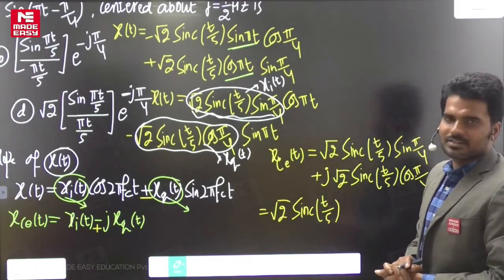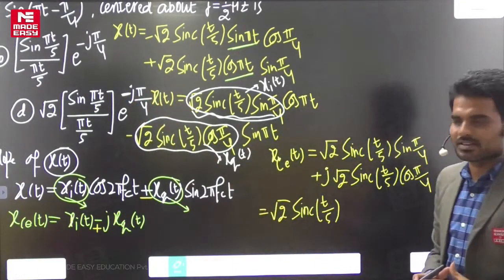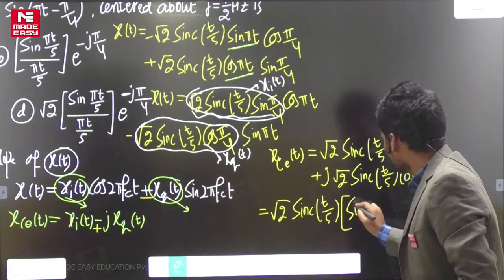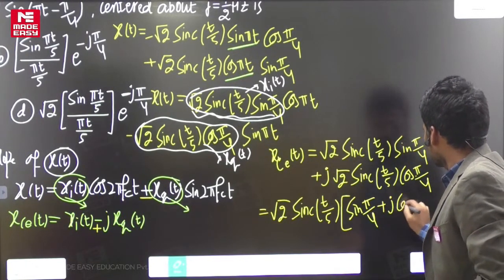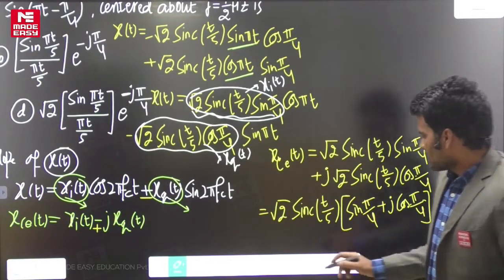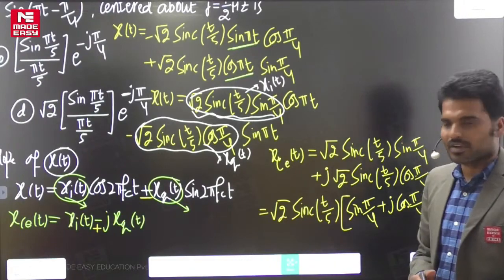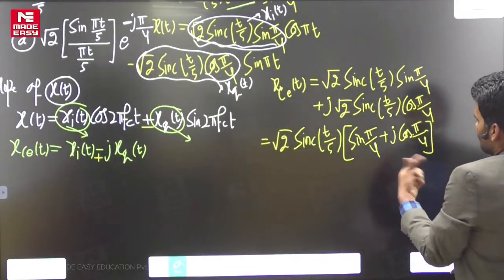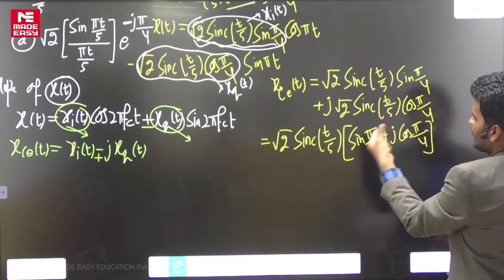If you see, the options are in the form of an exponential function. So to write it in exponential form, I'm taking root 2 sinc(t/π) common. This will be sin(π/4) plus j cos(π/4). Now cos x plus j sin x can be written as e^(jx), so it should be in the form cos x plus j sin x.